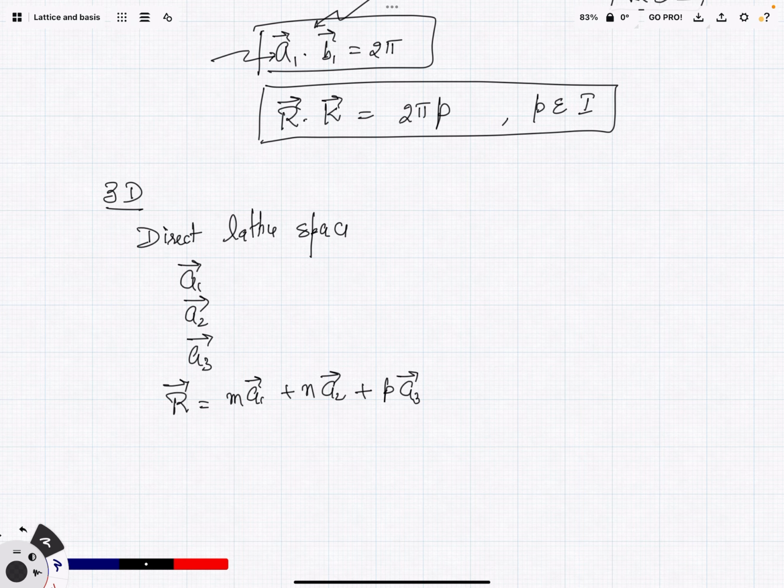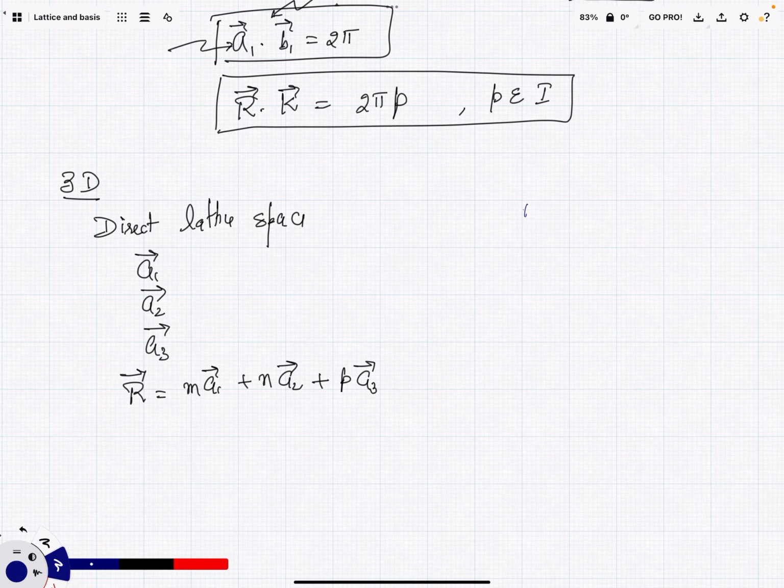Okay, so let me construct the reciprocal lattice space. How do you construct the reciprocal lattice space out of it?